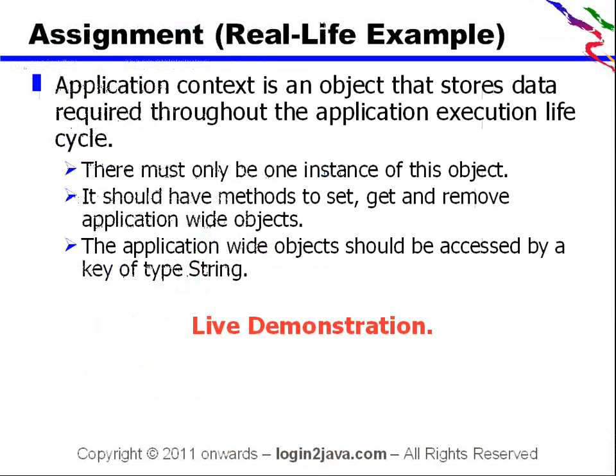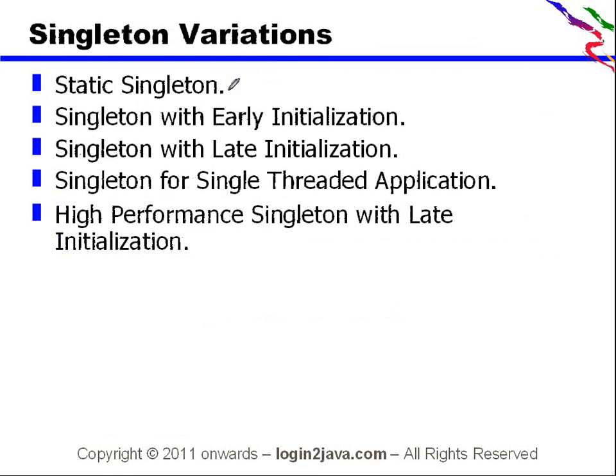We have seen static singleton, like the Math class in the JDK. Singleton with early initialization. Singleton with lazy initialization. Singleton for single-threaded application, normally with lazy initialization. And high performance singleton with lazy initialization, the last one. So these are the few singleton variations that can be used depending on your application requirement.